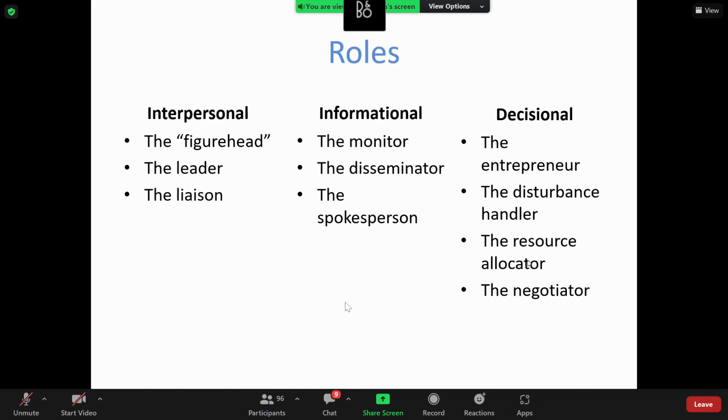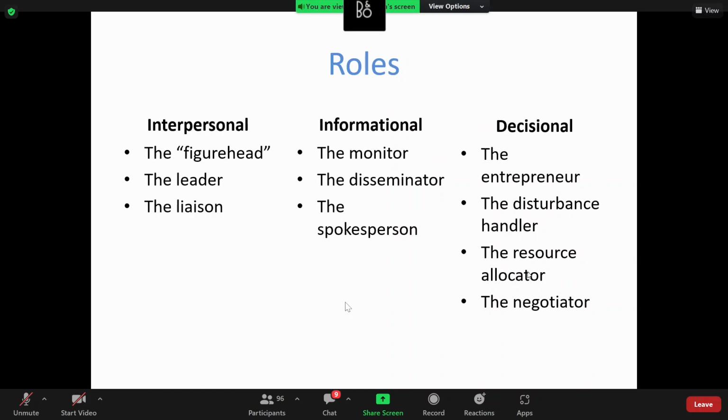Then the third one is resource allocator. You know resources are limited, so you have to determine where to allocate the resources in the best possible way. It may be financial resources, human resources, or any other capital resources. So you have to allocate resources in the most effective and efficient way.